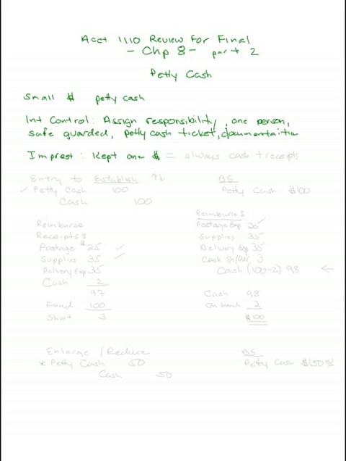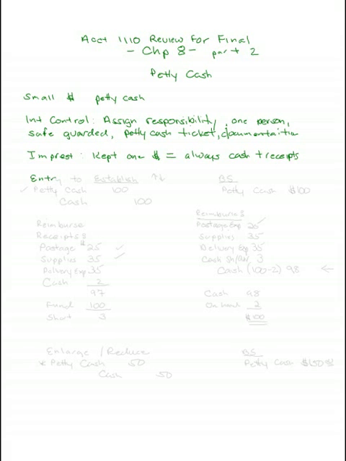And it's understood that the person in charge will always have cash that equals that amount, or cash plus receipts where they've reimbursed people that equal the amount of the petty cash. It never gets bigger and it never gets smaller. It's called an imprest fund.